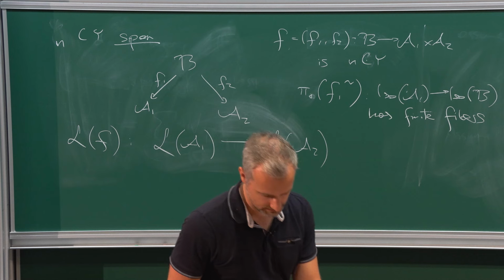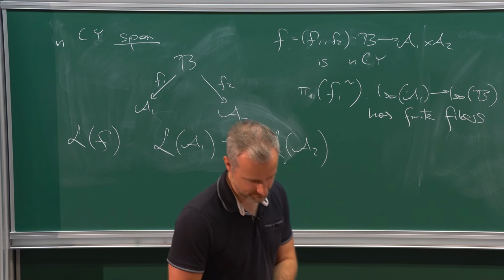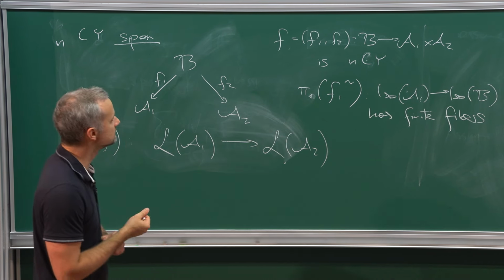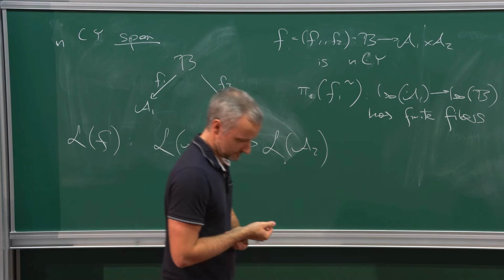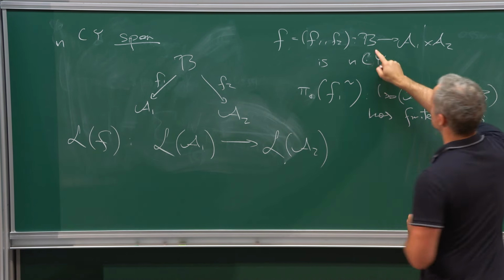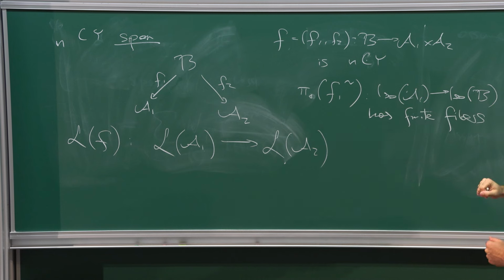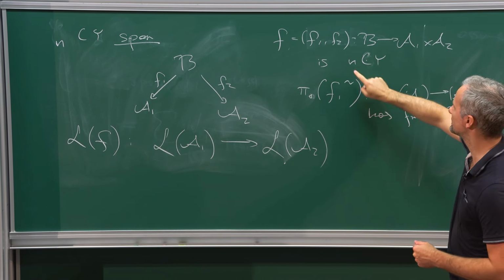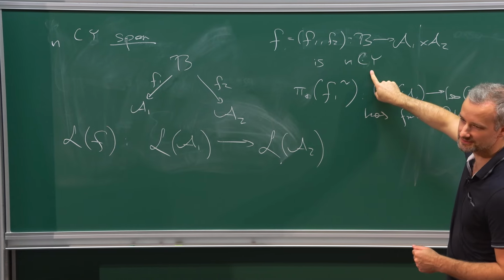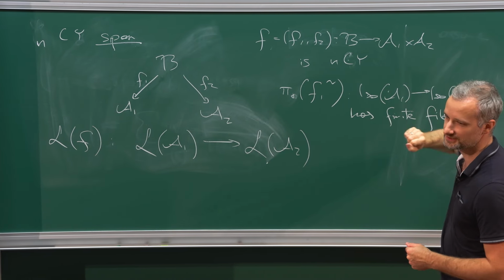So you're interested in your A, B even Calabi-Yau, and you will count something for odd Calabi-Yau. I'm counting objects in this even Calabi-Yau category, but which one is even? B is even. So a functor being n Calabi-Yau means that the target is odd Calabi-Yau.